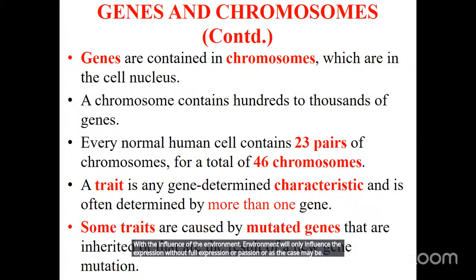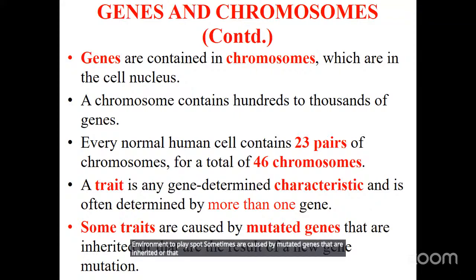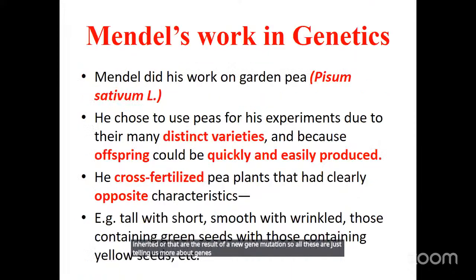But the gene must have been inherited for one to express it, for the environment to play its part. Some traits are caused by mutated genes that are inherited or that are the result of a new gene mutation. So all these are just telling us more about genes, chromosomes, and traits.